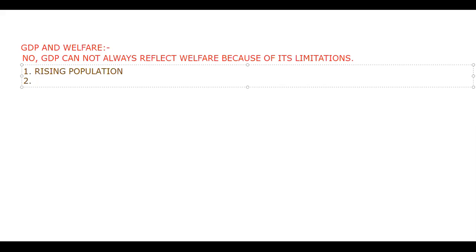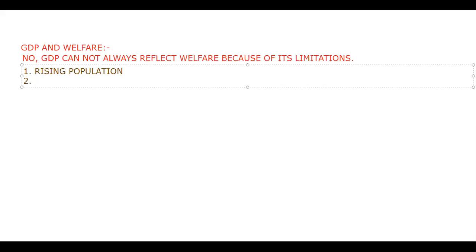But will that 1% rise in GDP give us welfare if we compare it with the population and observe that the population of the economy has increased by 4%, more than 1%? Definitely in that case, it is not to be taken as a welfare for the economy.